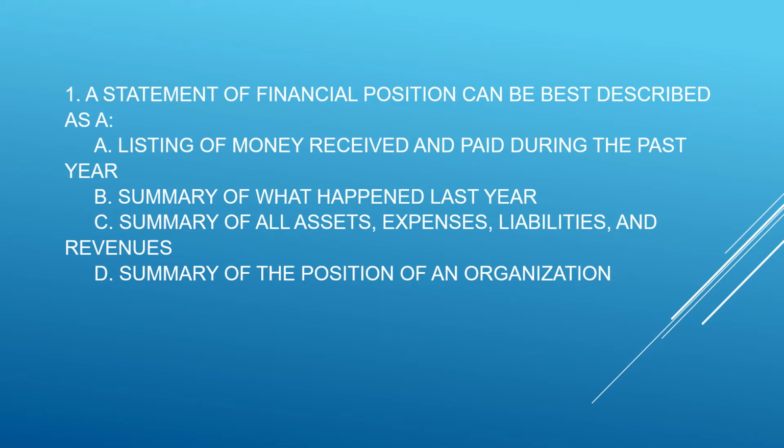C. Summary of all assets, expenses, liabilities, and revenues. And D. Summary of the position of an organization. What do you think is the best answer? You can write your answer on your paper, or you can send it to me via messenger. Okay.